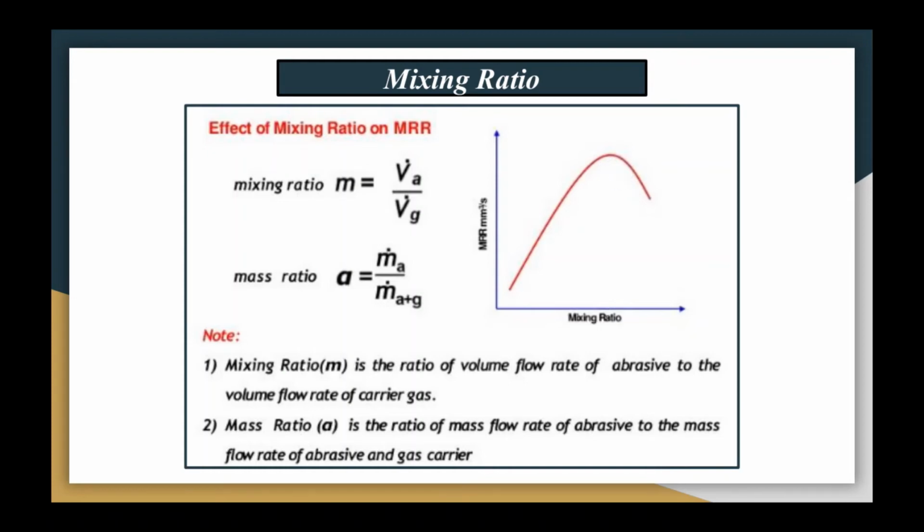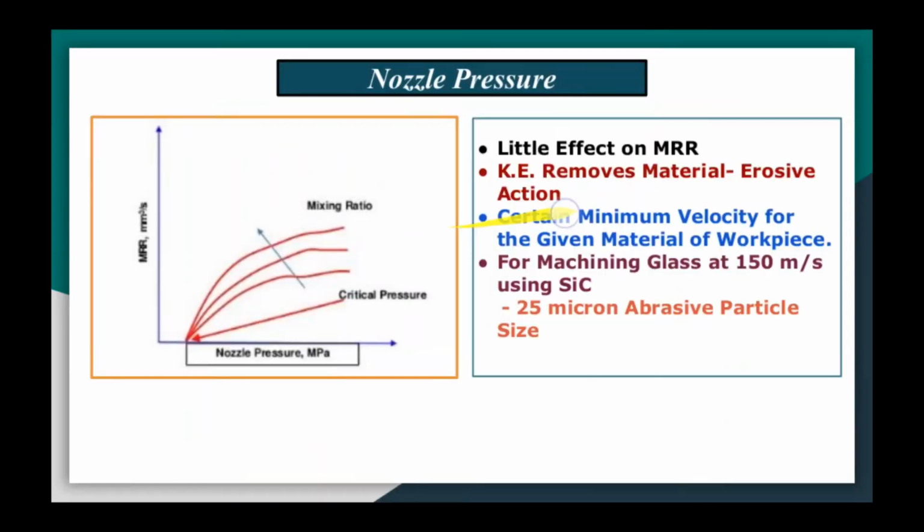You can see here the material removal in this particular case starts from here only, and in this case it is a very small nozzle pressure, so actual data are not available, and data are available beyond this limit only. But there will be no material removal if the pressure is less than critical pressure. So the effect of the nozzle pressure on the volumetric MRR is not very high.